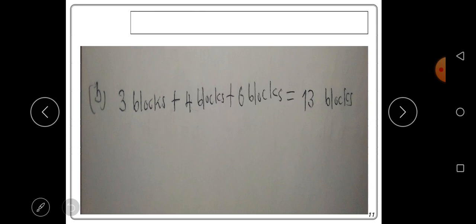For question B, they are asking us to find the length. To find the length, you just add the number of blocks, which is 3 blocks plus 4 blocks plus 6 blocks, giving us 13 blocks. We are done. They are just asking us the length, and we know what the length is.